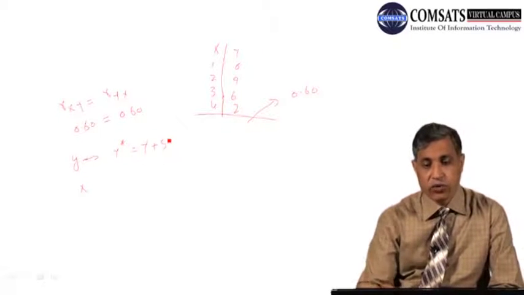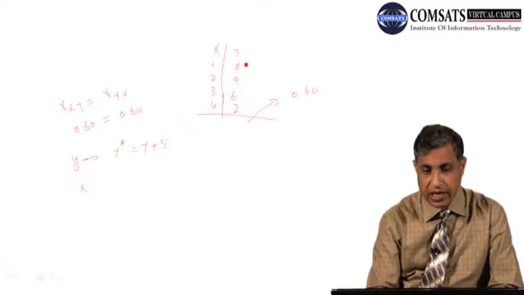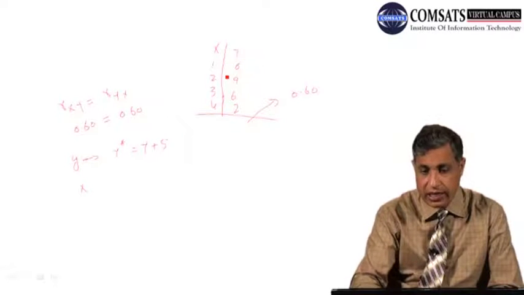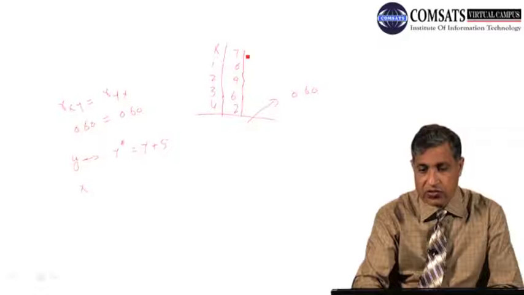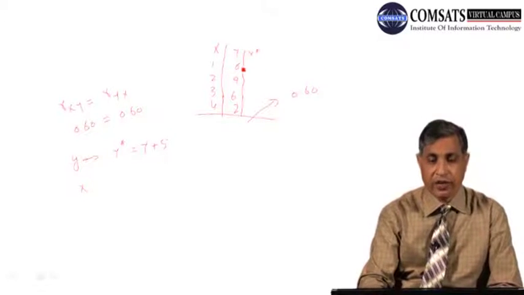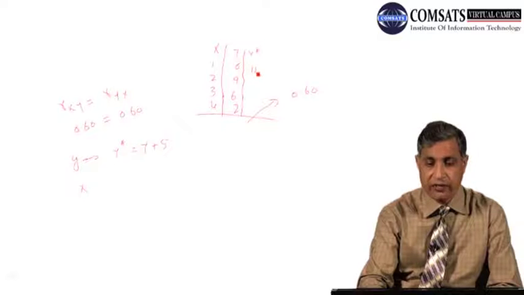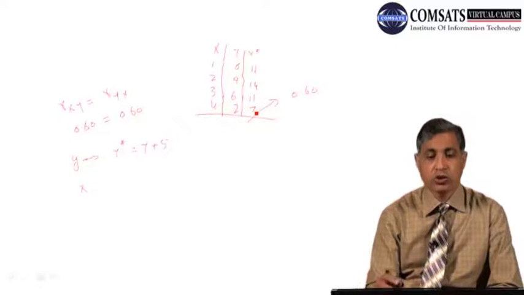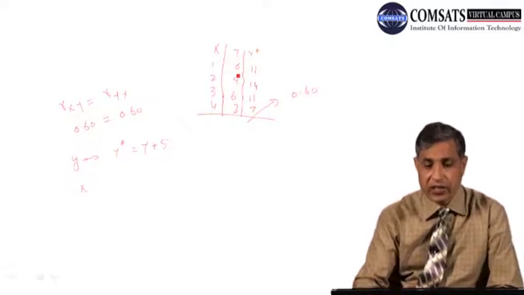I add 5 to each term, and this is the series y star. Now adding 5 to each, this will become 11, this will become 14, this is again 11, and this is 7. So we have created a new variable, y star.